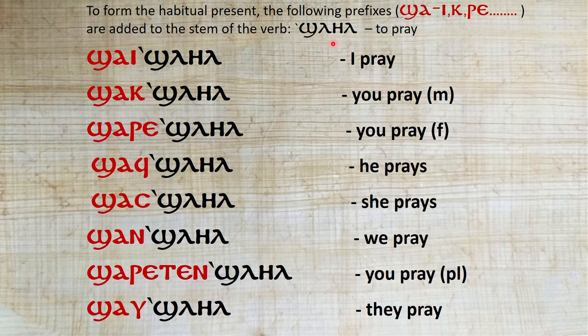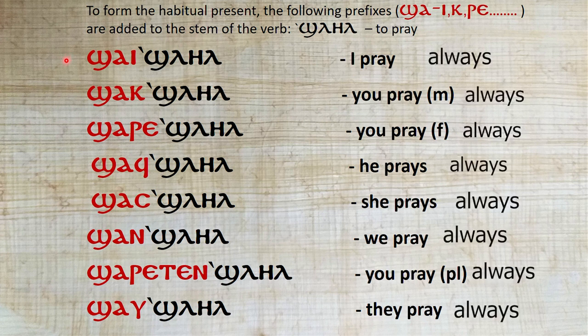For example, this verb ishlal, which means to pray, or ishlil, it depends on the accent, no problem in that. This is a bit strange, because if you want to say shai ishlal, it means I used to.